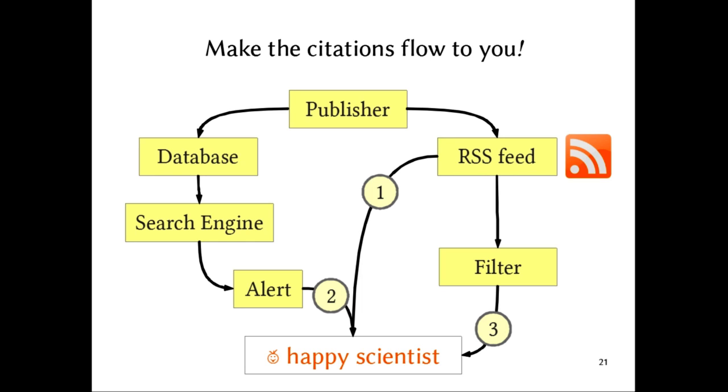Another way is to get the RSS feed from the publishers immediately and then start reading all this RSS. The third way is to set up a filter so that you don't have to read all hundreds of articles, their abstracts or titles, and instead some smart filter will choose only dozens of articles that might be interesting to you and then provide them to you.